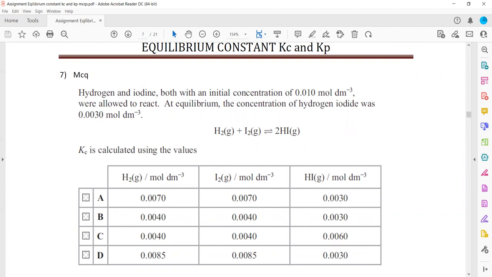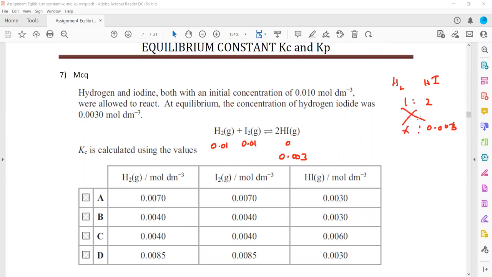Initially we had 0.01, 0.01, and 0 for hydrogen iodide. But at equilibrium we have 0.003. So first we'll find how much hydrogen reacted, and then subtract it from the initial amount. The ratio between hydrogen and hydrogen iodide is 1:2. So if it is 0.006, then 0.003, then this will be x.